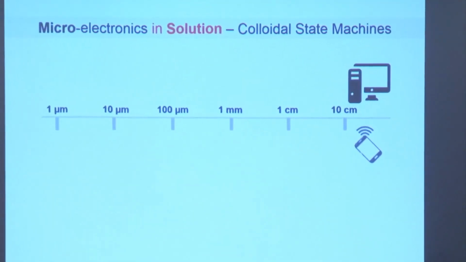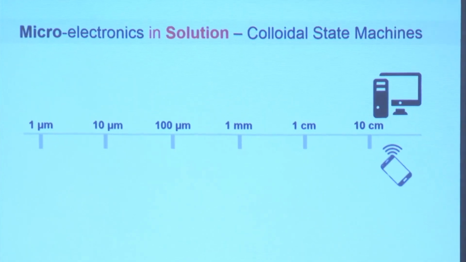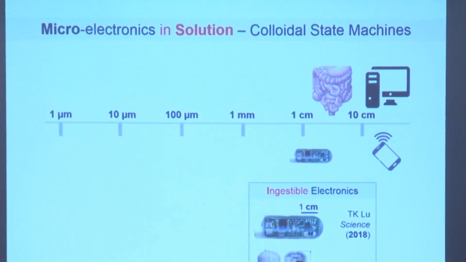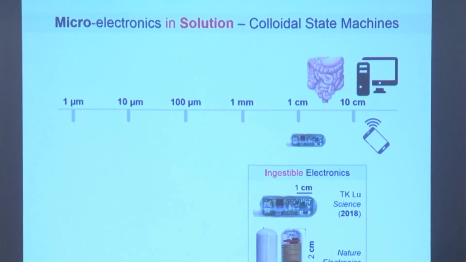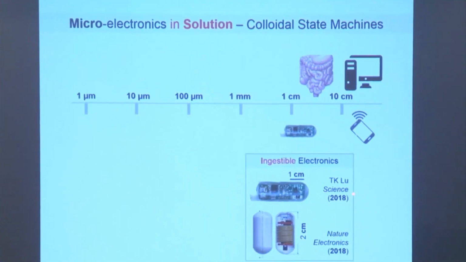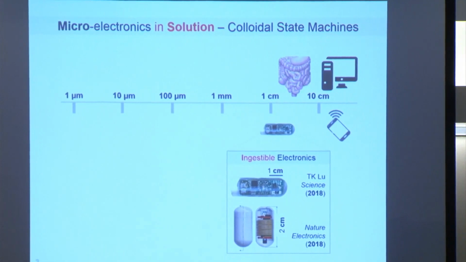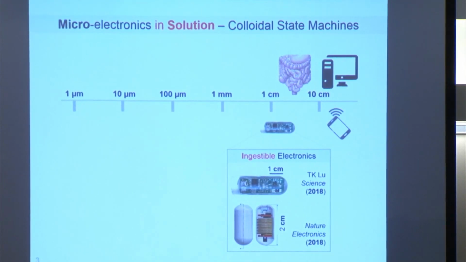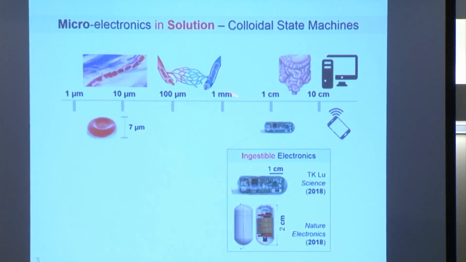They're fully reconfigurable, totally autonomous, and people are making an effort to shrink these systems down to do the kind of task we're hoping to achieve. Tim Liu here at MIT has led some effort on ingestible electronics that are still slightly larger than a centimeter, which is why they are limited to the human digestive tract instead of getting smaller into what we really want, which is the blood vessel.